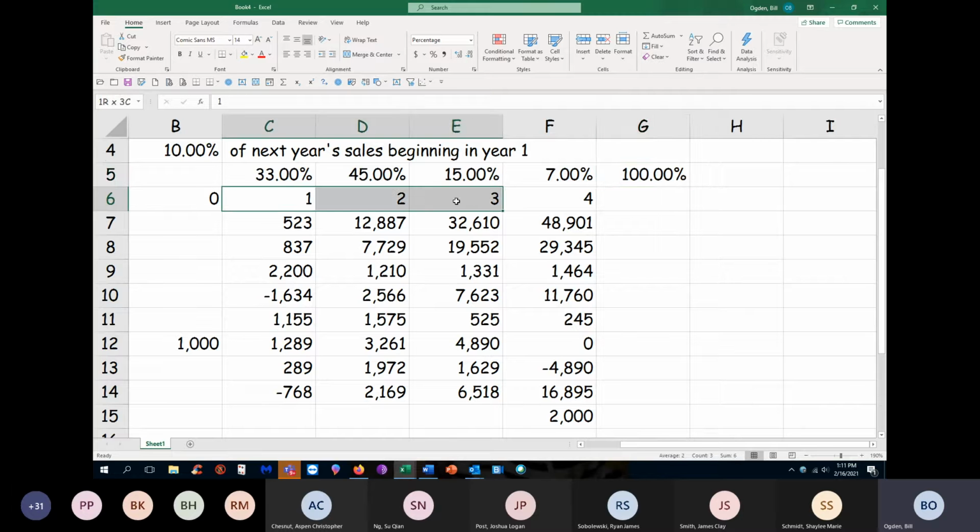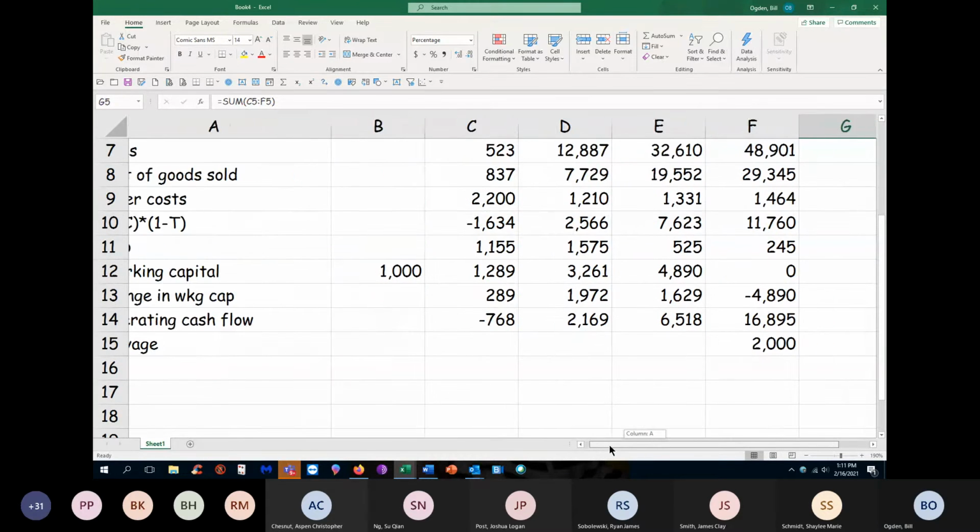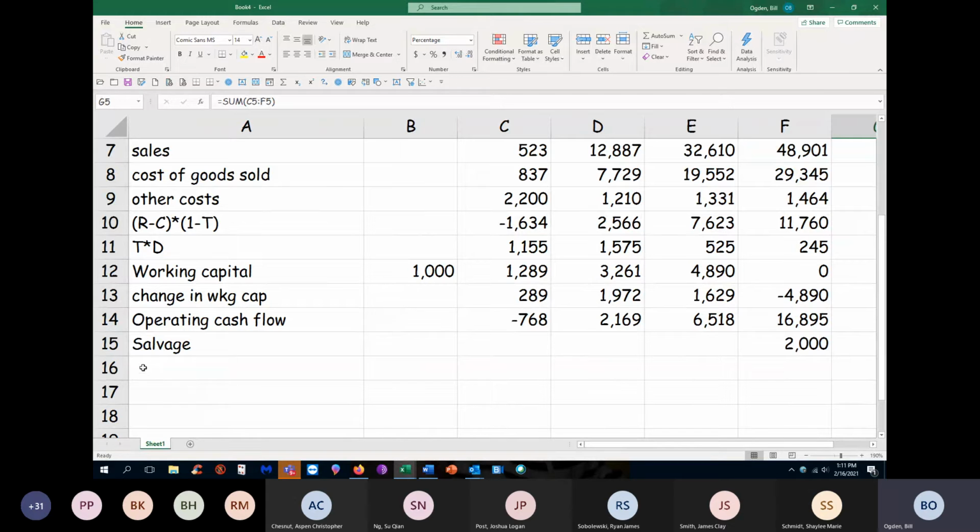So over these 4 years, I have reduced the book value of the asset by 100%. Okay, so it currently has a book value of 0.